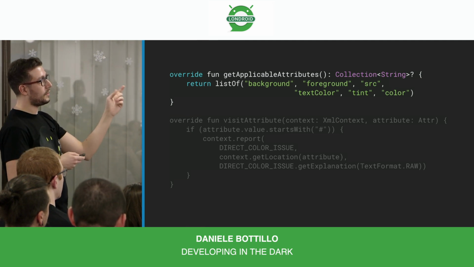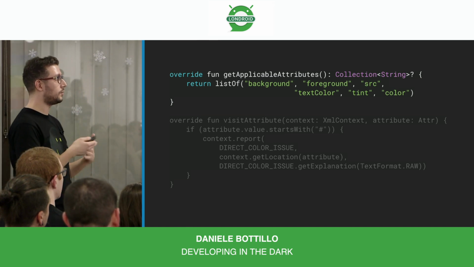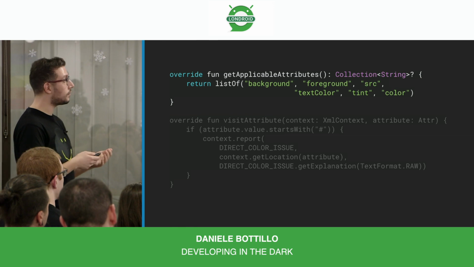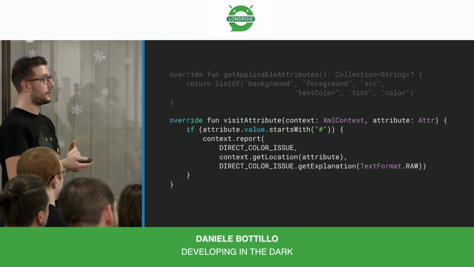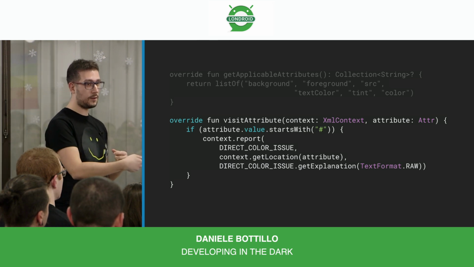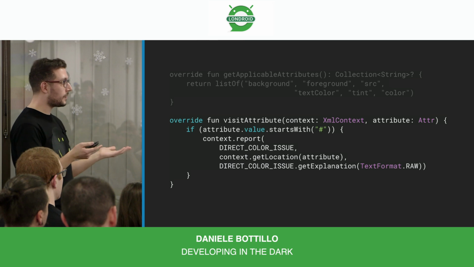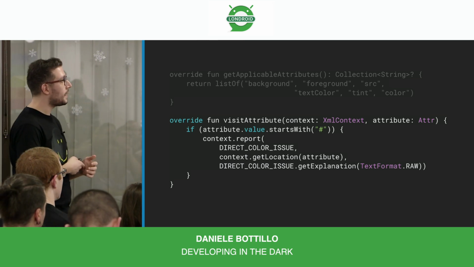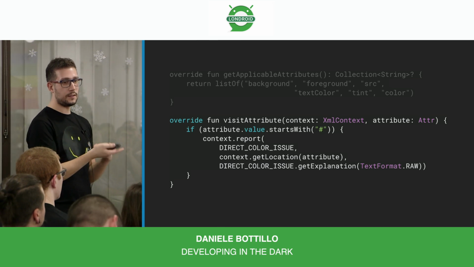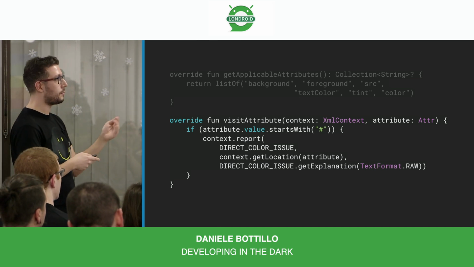These are the attributes that we define: background, foreground, text color, or all the attributes where you usually put a color value. And then instead of doing visit element, in this case you are visiting the attributes because you are interested in the value inside, not the name. And here we simply say, if this starts with a hash, then probably you are hard-coding a color. And here you don't need to wait until the end of the project because you already know there's been a violation, so you can report straight away.